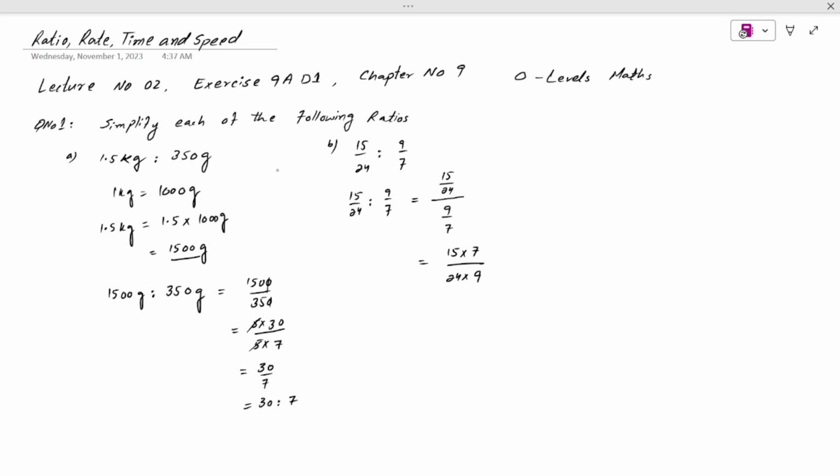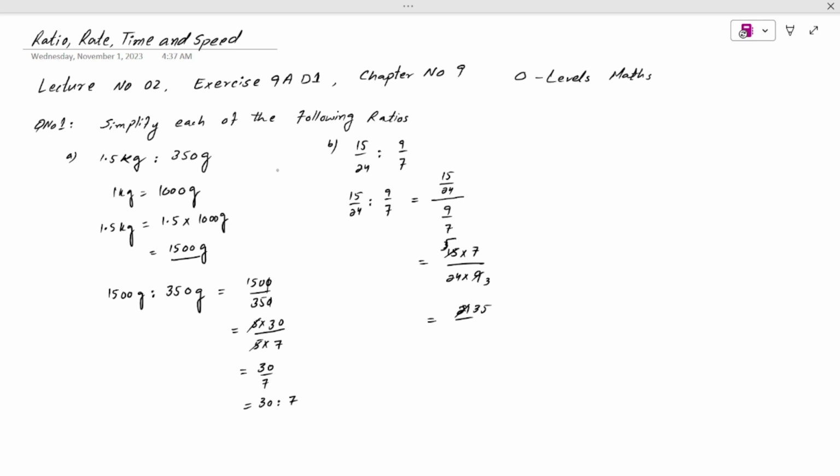Simplifying that, 5 threes are 15, 3 threes are 9, 7 threes are 21, and 24 threes are 72. 5 threes are 15, and 7 fives are 35.